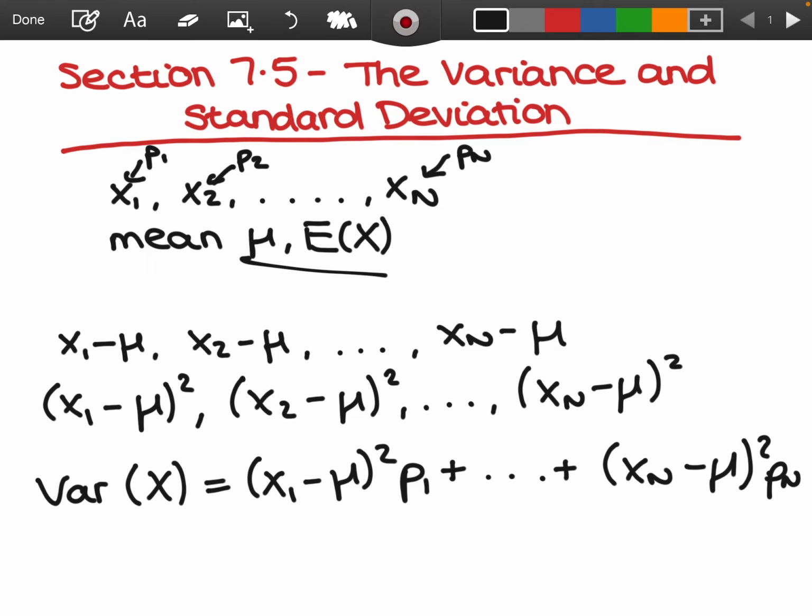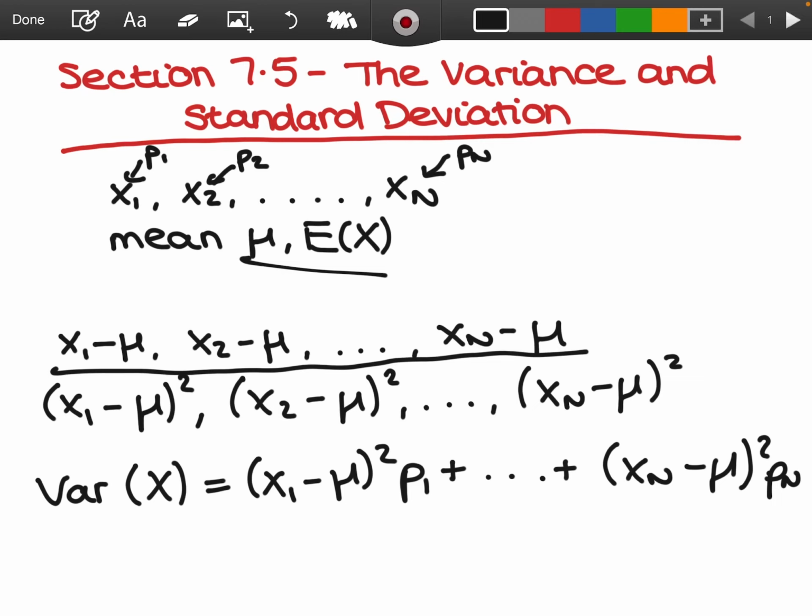Like I said, this is just used as a measurement of the distance that each data point is away from the mean. But because some of these are positive and some are negative, we can't just add them all together and divide by the number of data points, because they would cancel one another out.